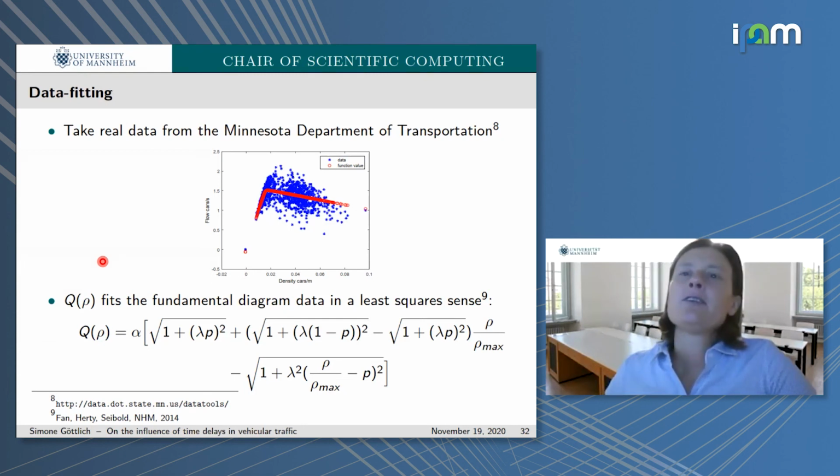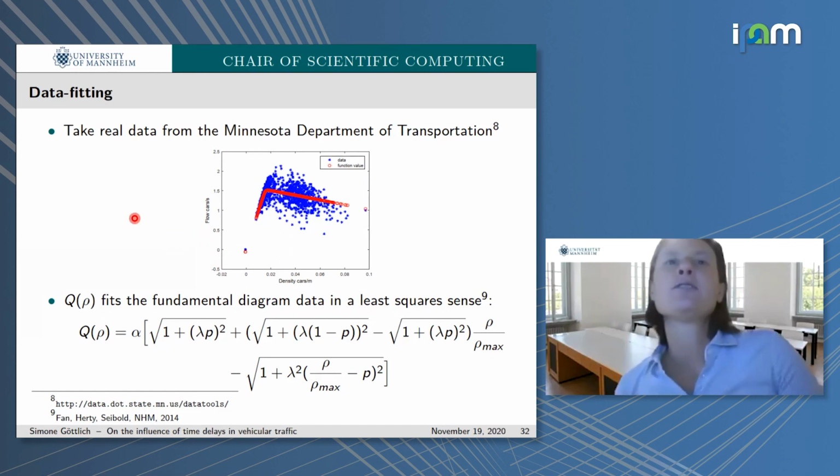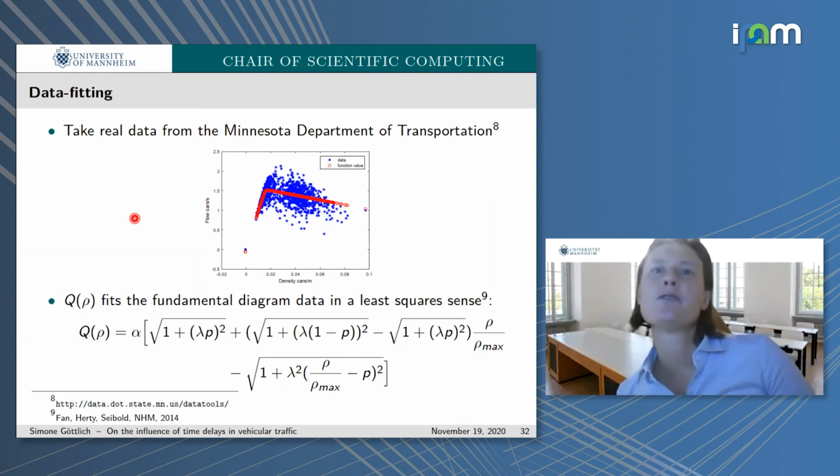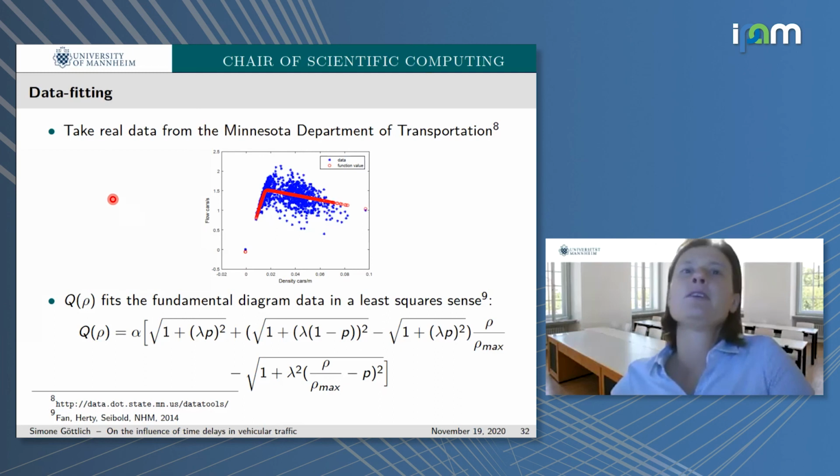Again, you see first in this picture the fundamental relation between density and flow. And we have a lot of data points. What we aim to do now is to fit that fundamental diagram using this Q of rho function, doing the fit in a least square sense.